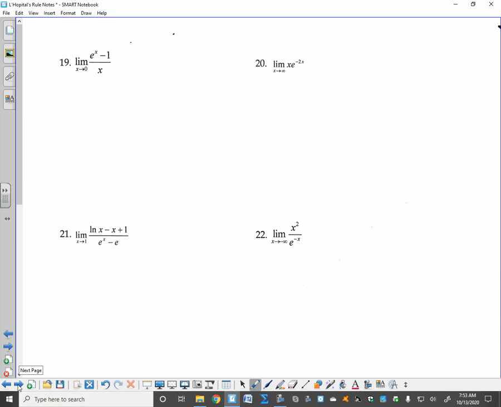E, okay, let's remember the graph of e. So e does that. So as we head to 0, e is headed to 1. So 1 minus 1 is 0 over, and then x is headed to 0. Okay, so we're having to remember some stuff.